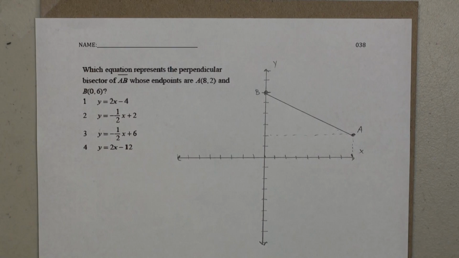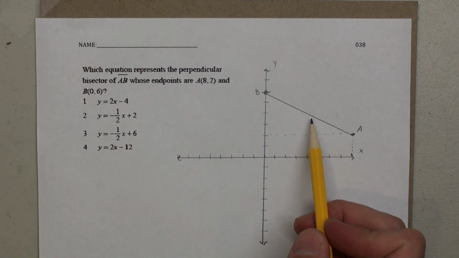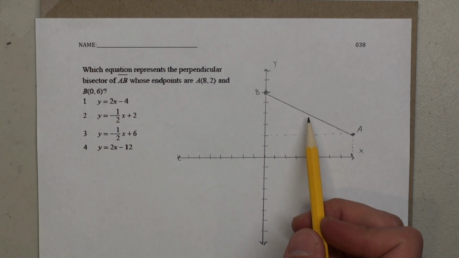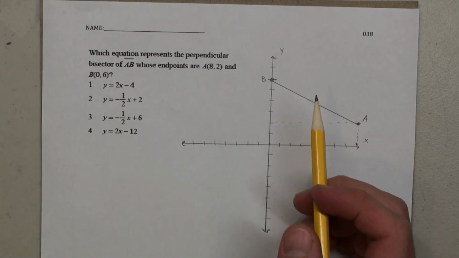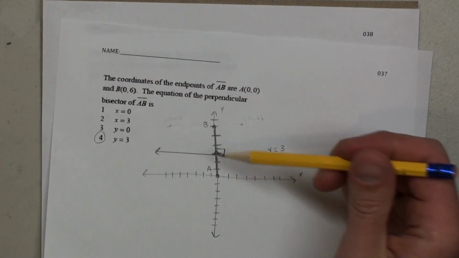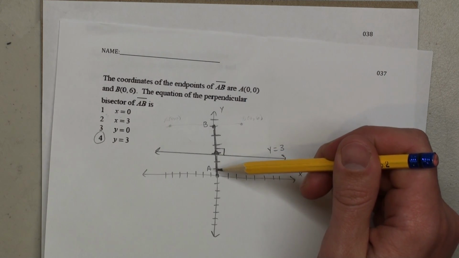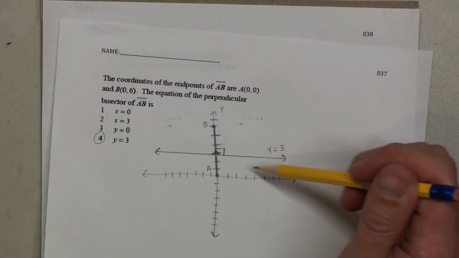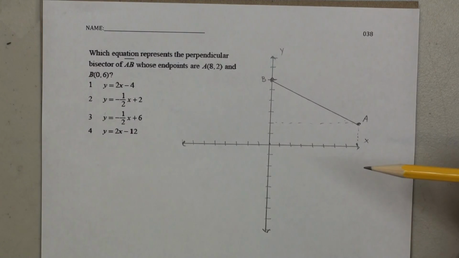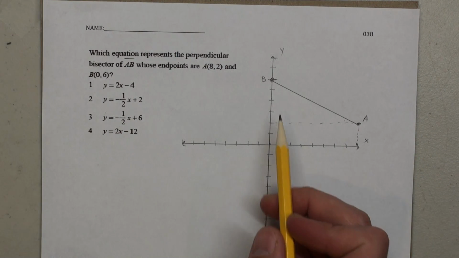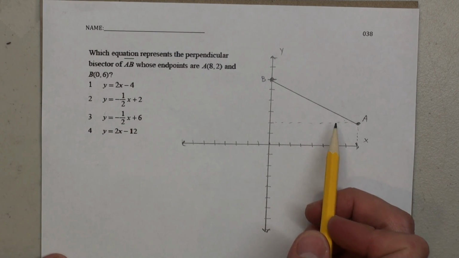Now, I want to know where the middle of this line is. In the previous problem, it was easy because I could just count, because that line was exactly vertical. When the line is vertical or horizontal, it's easy because you can count. But this time, it's not as easy because it's diagonal.